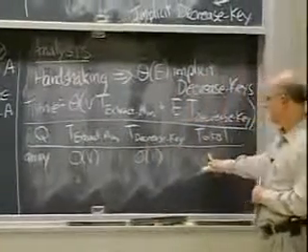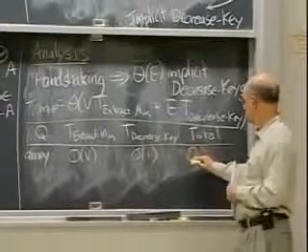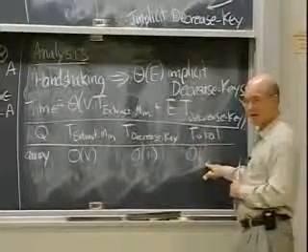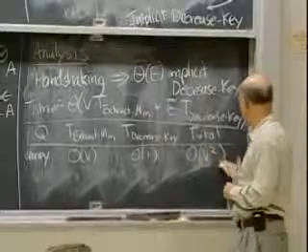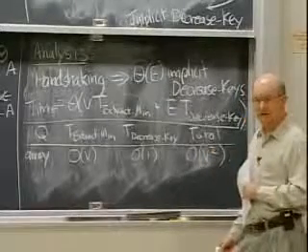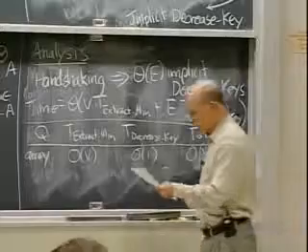So the total is V squared. Good. Order V squared algorithm.